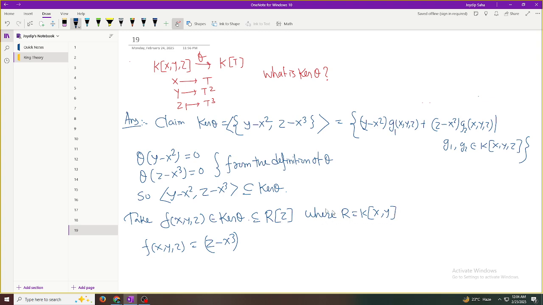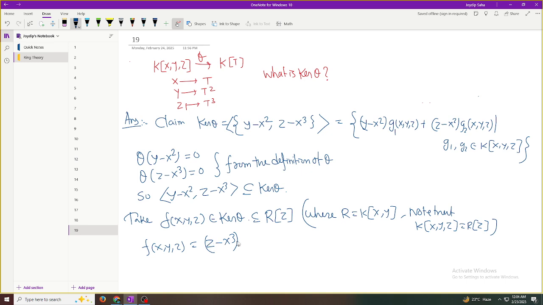Note that k[x,y,z] is R[z]. So you are thinking that this is a polynomial in z and the ring is k[x,y]. So it is monic in z and of degree 1 in z.